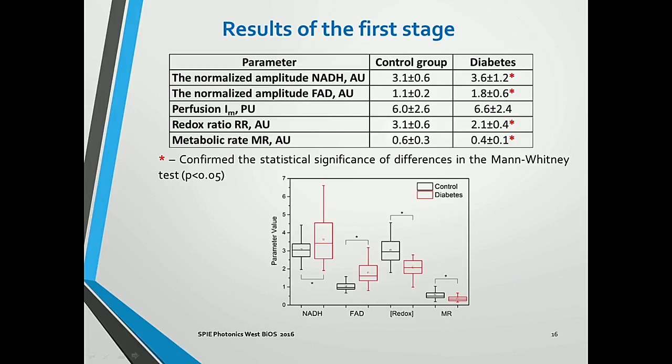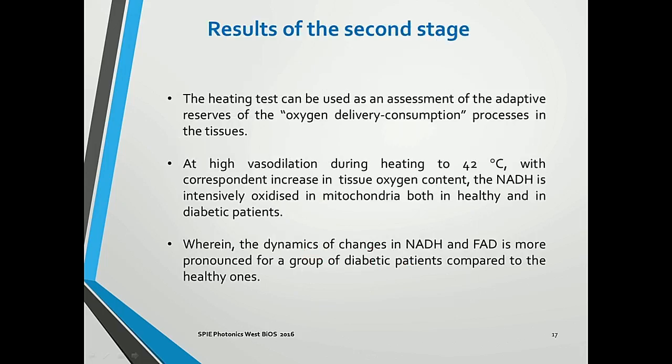And the conclusion, I believe, will be, sorry. Our results show that the heating test can be used as an assessment of the adaptive reserve of the oxygen delivery and consumption processes in the tissue, in general for research. At high vasodilation during the heating at 42 degrees, patients have an increase in tissue oxygen content, and NADH is intensely oxidized in mitochondria, both in healthy and diabetic patients.